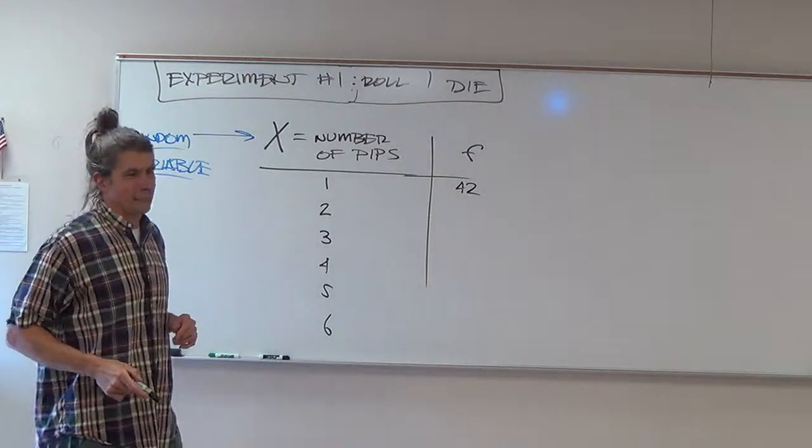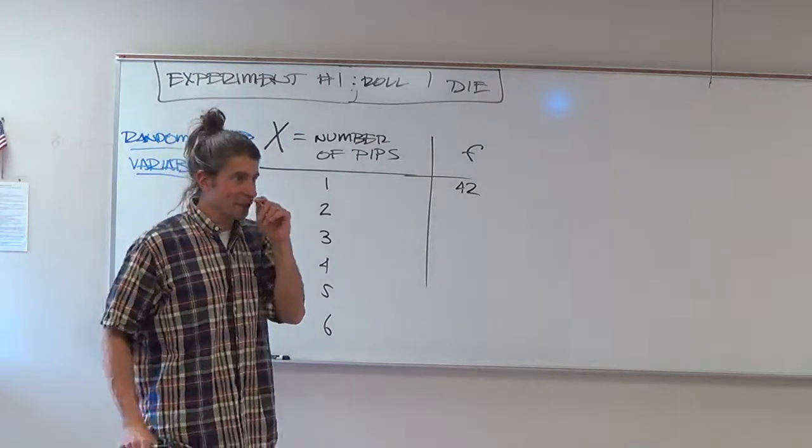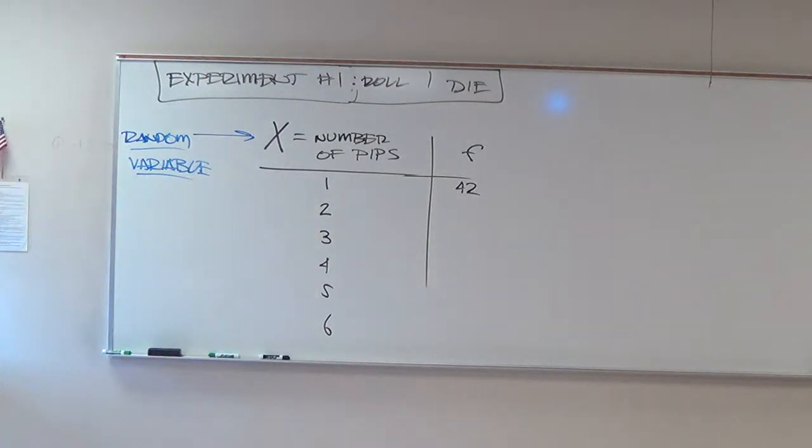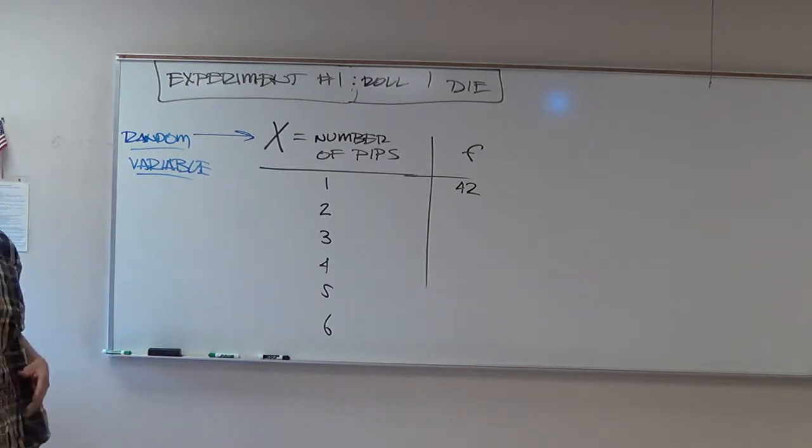I want you to do this silently at this point, before we go back to data collection. I want you to predict how many total rolls we did as a class. Don't count the number of people in the room, but based on just that 42 and your knowledge of what a die is, try to predict how many total rolls were done in this room. Just ballpark it.